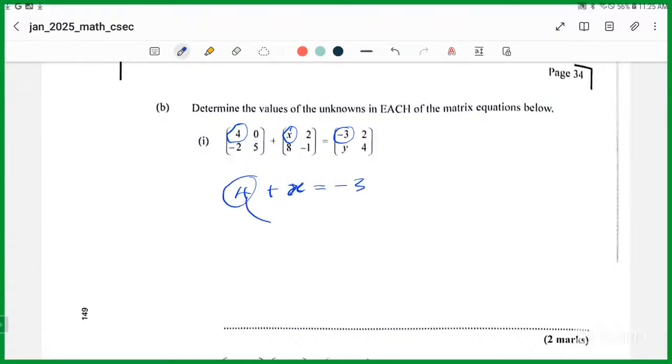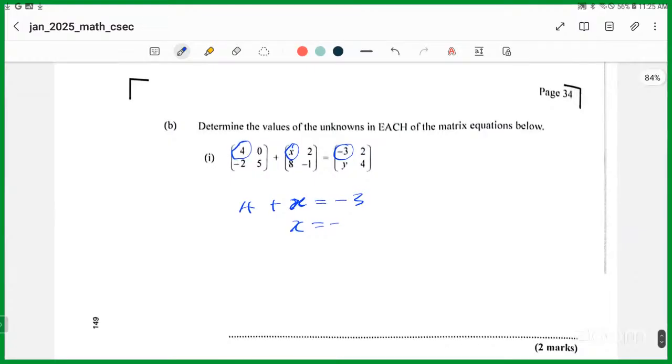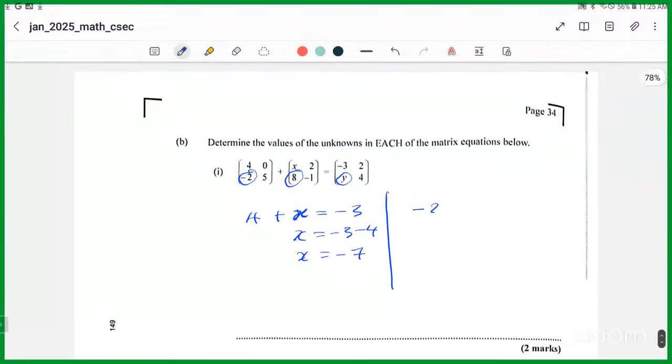Take the 4 and bring it over this side. We end up getting x equals negative 3 minus 4, so x equals negative 7. And then this y is the sum of this and this. You can set that up as well, which is negative 2 plus 8 is equal to y.